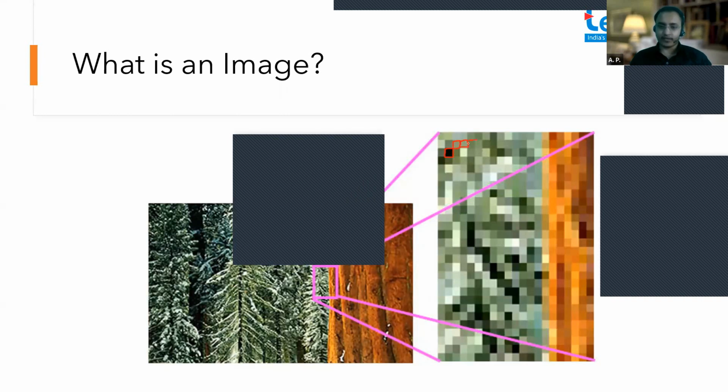The boxes are arranged in a horizontal and vertical way, which is a matrix way, and these small boxes constitute an image. These small boxes hold a certain value. How does a pixel look? It's nothing but a mathematical number. A pixel is nothing but a numeric value.